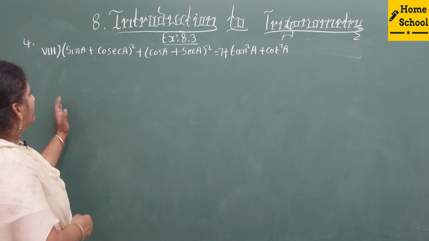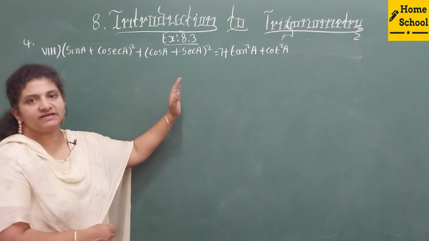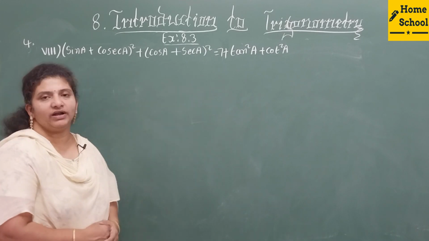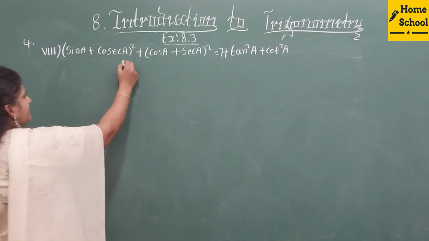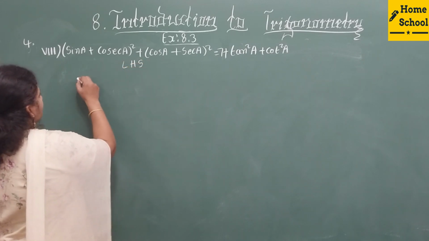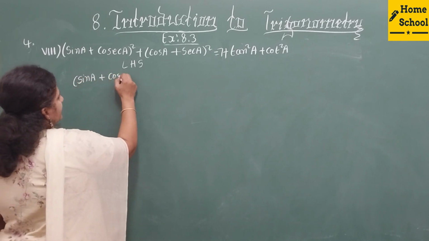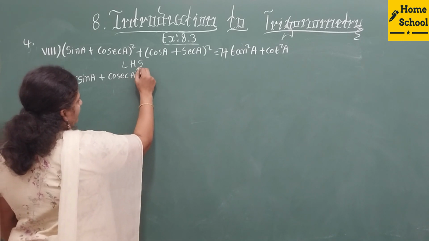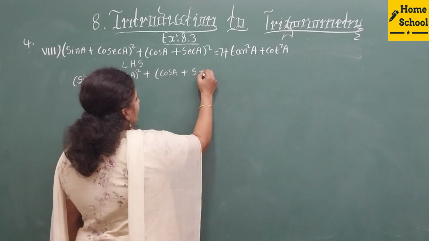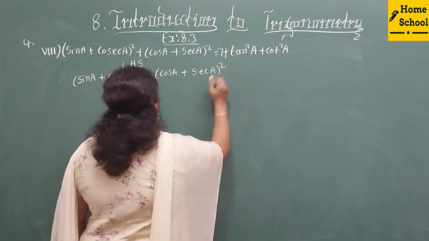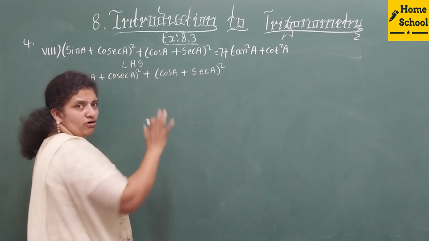8th problem. (Sin A plus cosec A) whole square plus (cos A plus secant A) whole square is equal to 7 plus tan square A plus cot square A. In the same manner, consider the left hand side. Now you can see (a plus b) whole square, (a plus b) whole square.